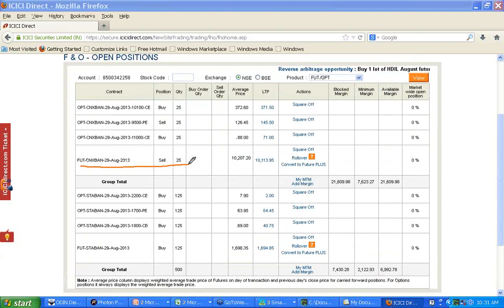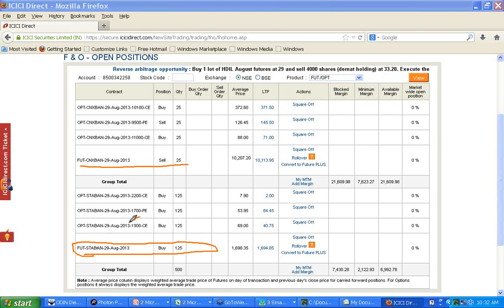Sold Bank Nifty, State Bank of India, I am just rolling over for a long time. State Bank of India I bought. I am having a 17 put option here. In fact, it is being hedged from a very beginning stage. I also have a 9,500 put option sell. Same kind of strategy. One position I have closed it off, and 10,100 call option, one long is there. 11,000 also, one long is there.